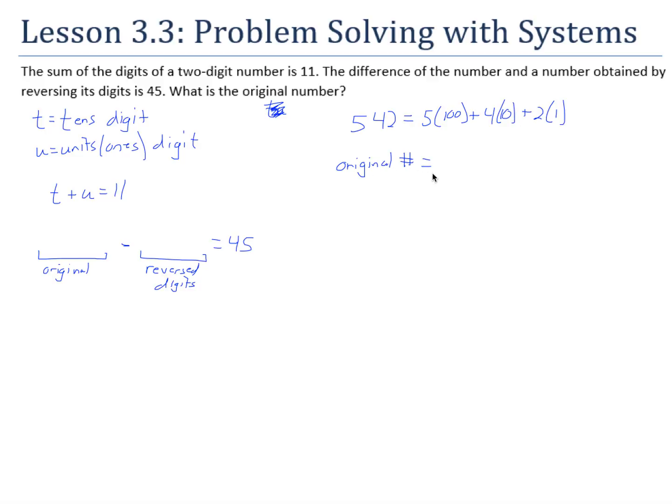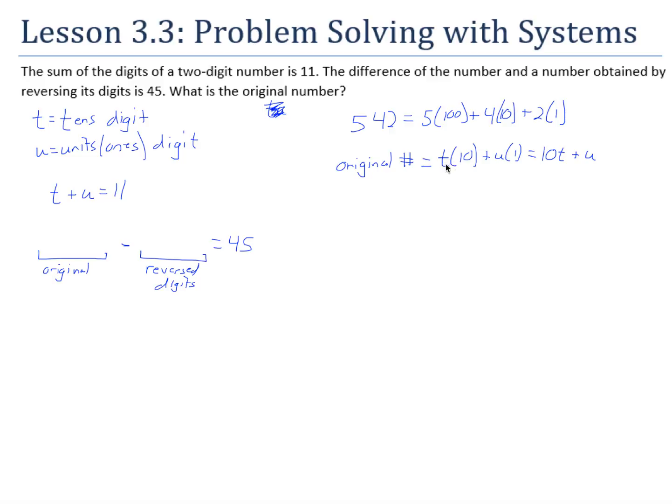So for our original number, we want to take our tens digit and multiply it by 10. And we're going to add in our unit or our ones digit and multiply it by 1. So we're using this expanded form, and of course we don't usually leave it like this because we like to put our variable second. So this is actually 10 times t plus 1 times u, or just plus u.